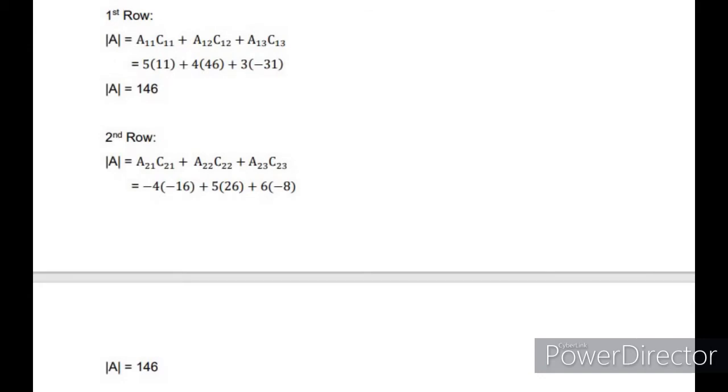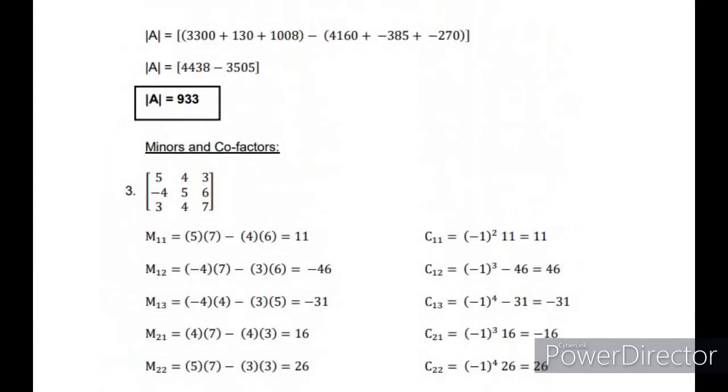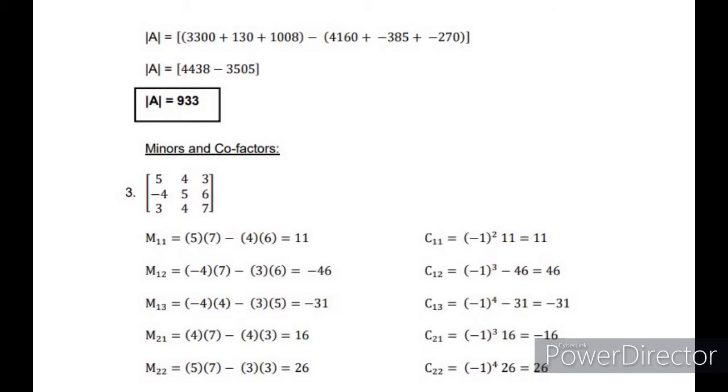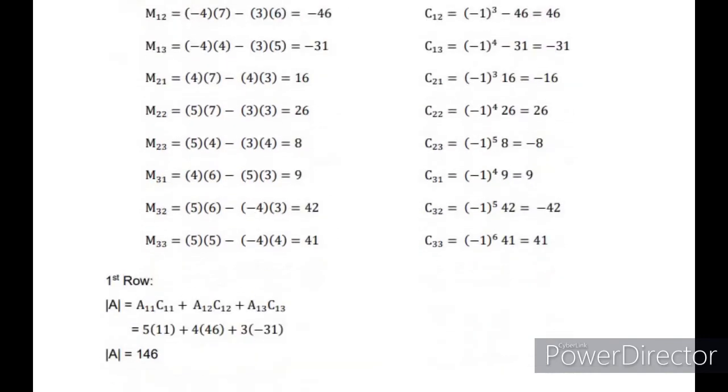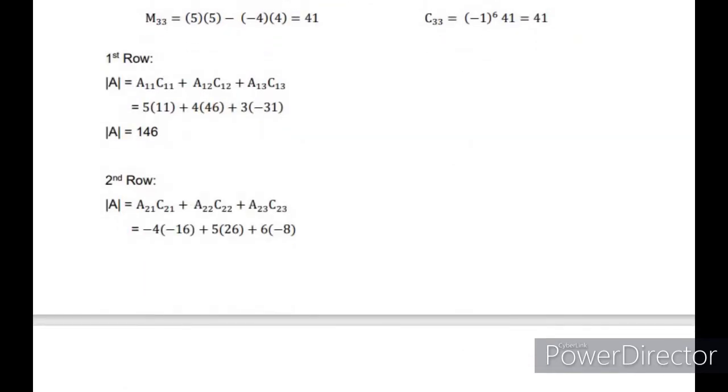So now, what is the purpose of cofactors? So the purpose of cofactors is to get the determinant of that matrix. Okay? For this computation, for the first row. Okay? So to get the determinant of the example above, we will get its determinant since we got its cofactors.